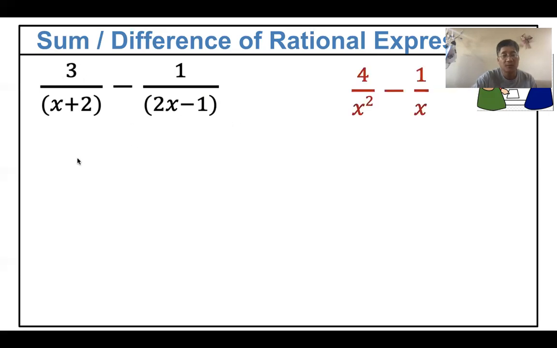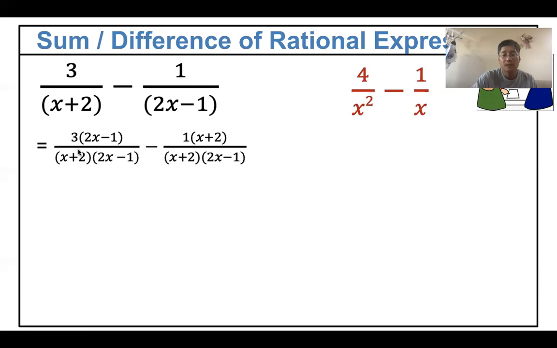So x plus 2, 2x minus 1, with minus in the middle. For the first one, you multiply the numerator 3 by 2x minus 1, right? And for the second one, by x plus 2. You get it?